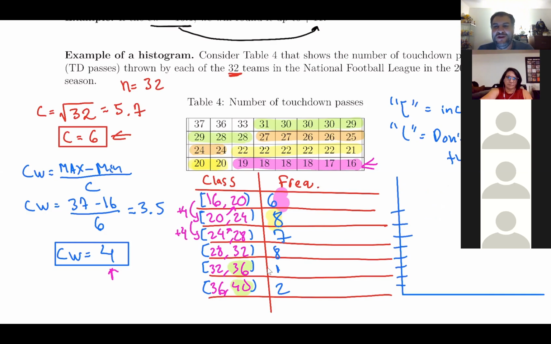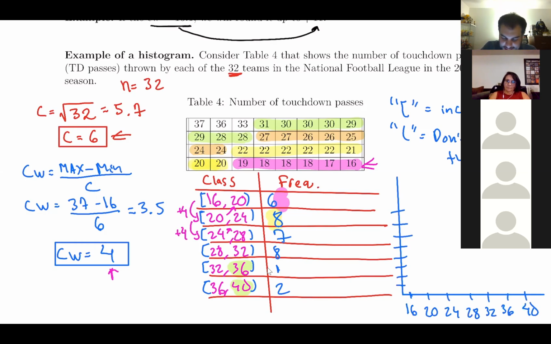All right. So for the histogram, the y-axis, the vertical axis, is going to be our frequency. And the x-axis is going to contain our classes. Our classes start off at 16 and then go to 20, 24, 28, 32, 36, and lastly 40.